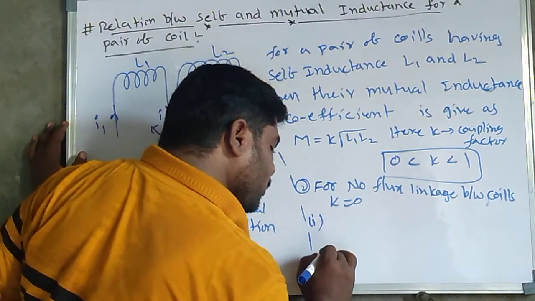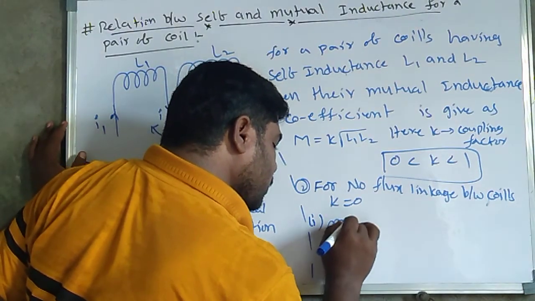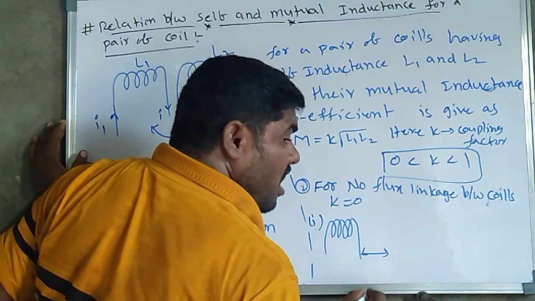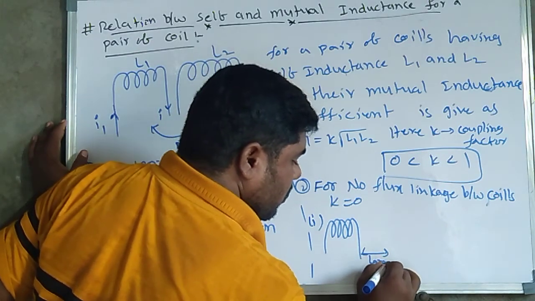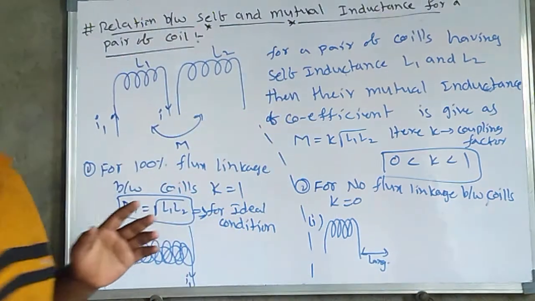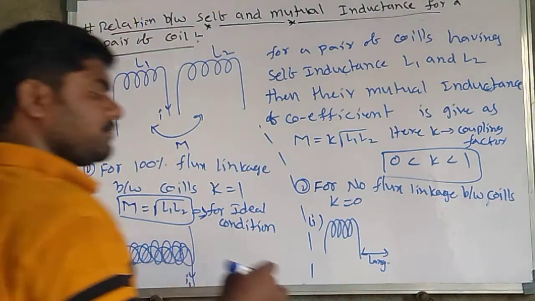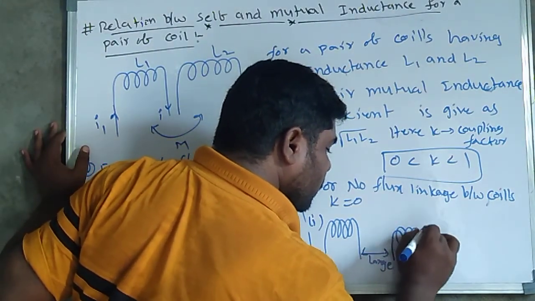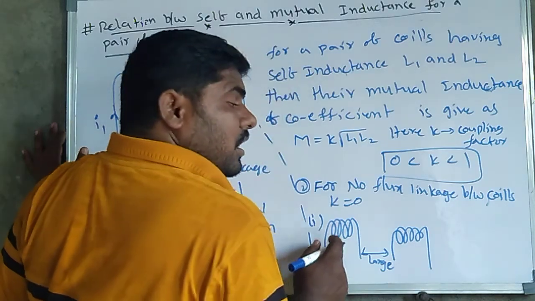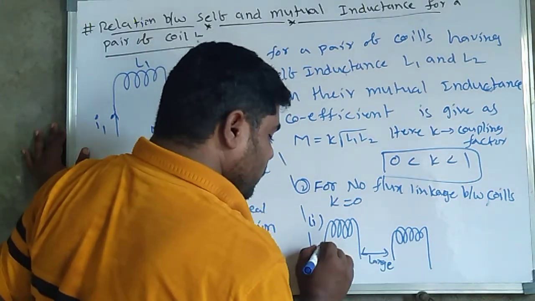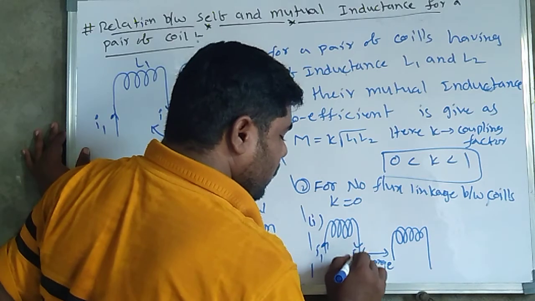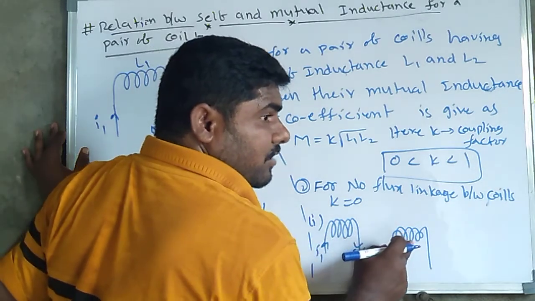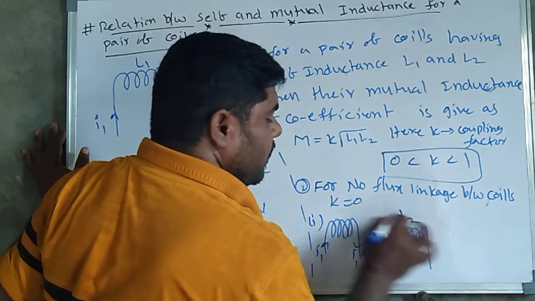The first possibility: this is the first inductor, and between here and here there is a long distance. Across this long distance, you may put another inductor. It means no linkage flux enters the second one. Here the current I1, no flux linkage. Here no magnetic flux enters the second inductor.